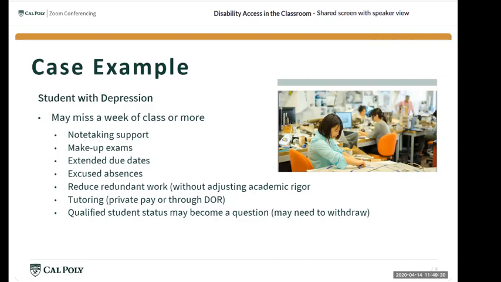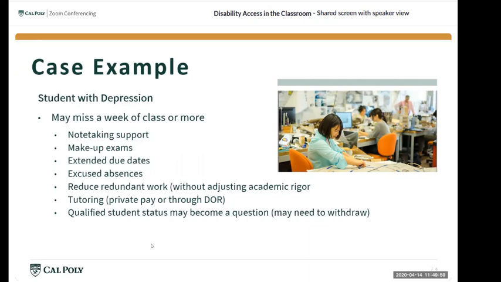Yes. Oh, okay. So basically, emotional support animals typically are only going to be seen in housing. So technically, we're not allowed to say that emotional support animals are never allowed in the classroom, because if a student were able to prove that they needed an animal as an accommodation in order to perform their work in a class, then we would have to explore that as an accommodation.